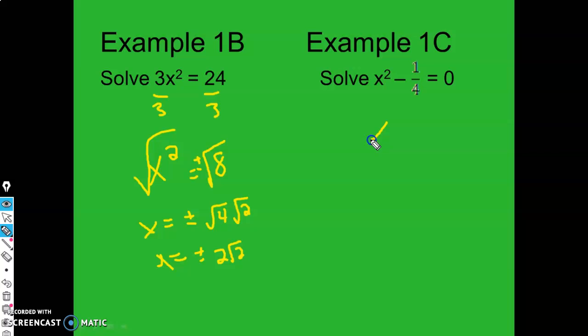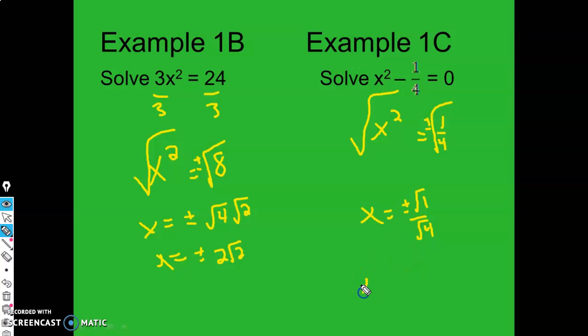This one is basically very similar. This time there's just a fraction. So we add a fourth to both sides. Then we square root both sides, and then remember the plus or minus symbol. So our answer is plus or minus the square root of 1/4. When you're simplifying this, you want to think of splitting the fraction into the square root of the top and the square root of the bottom.